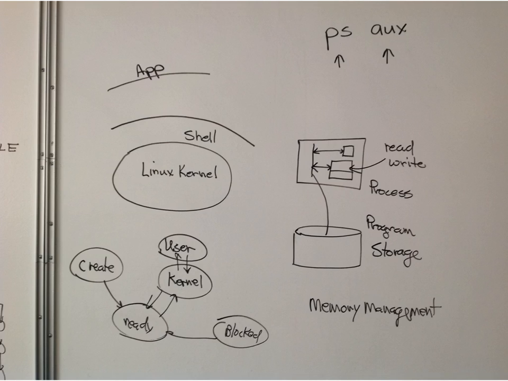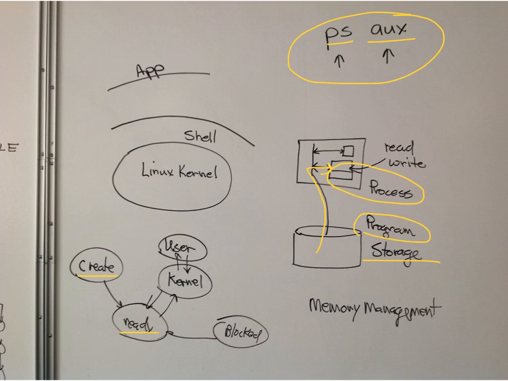A couple things we did early on. You can always check and see which processes are running in Linux. You can do a ps aux, and the processes that are running are in memory. A program is in storage, some kind of storage. And so when we bring a program into memory, we create a process.